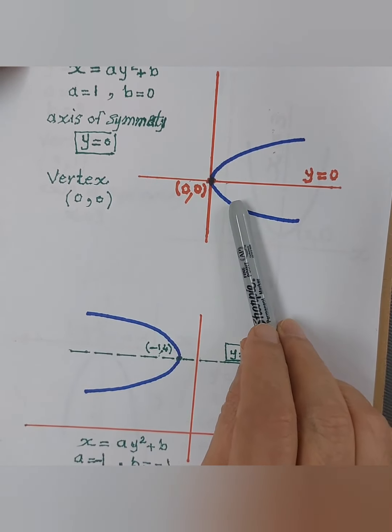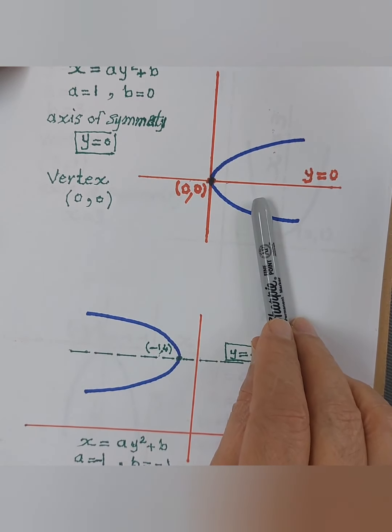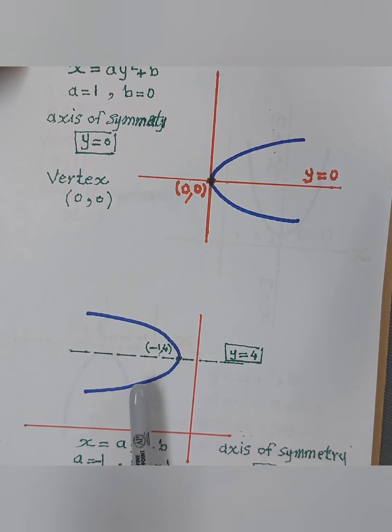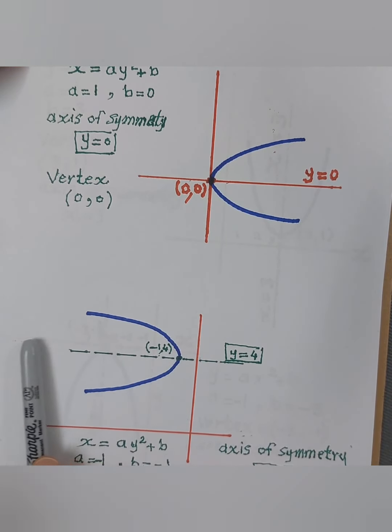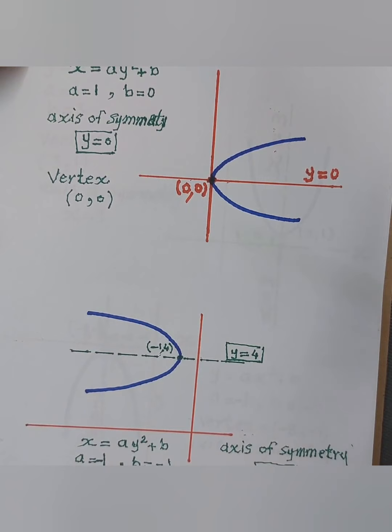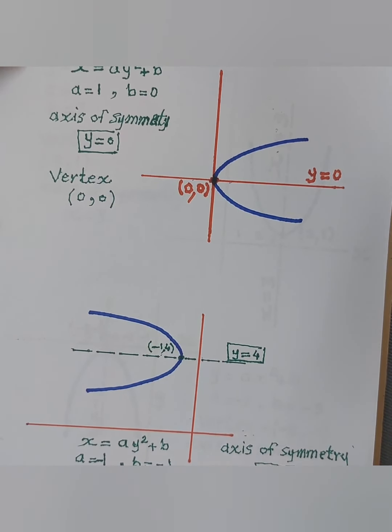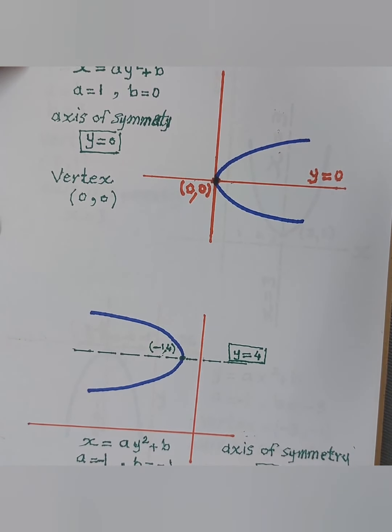Also this is in the case of a is positive. And in case of a is negative, it will be opened towards the negative side of the x-axis. So the value of a still affects the direction of opening for the graph we draw. Not only this, but also the value of a itself.